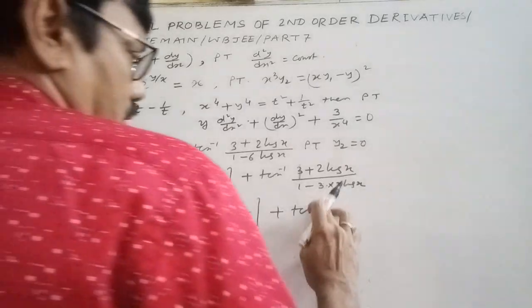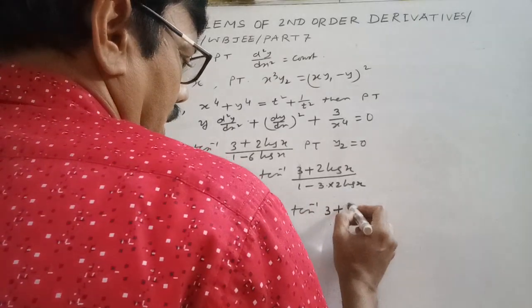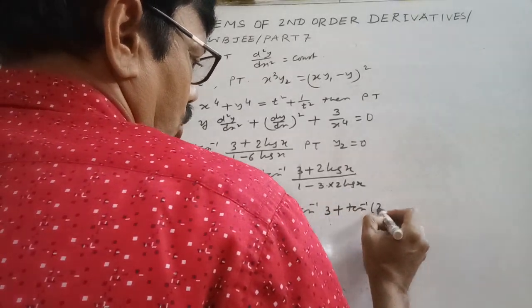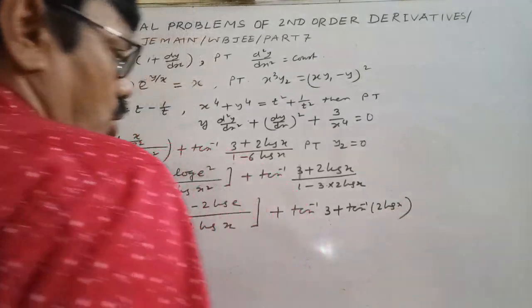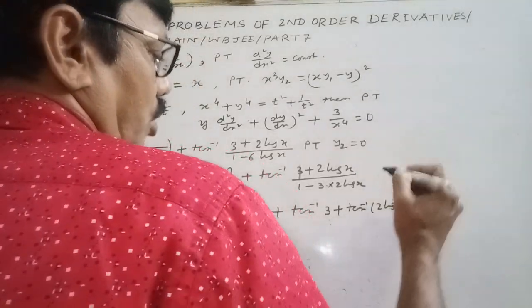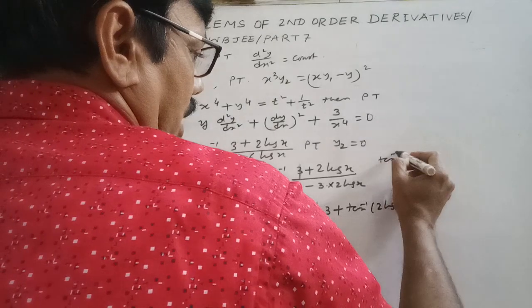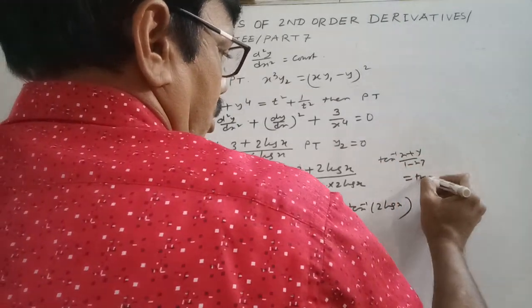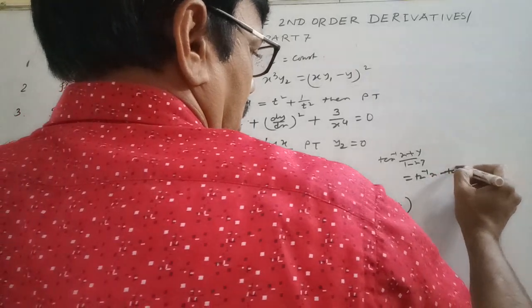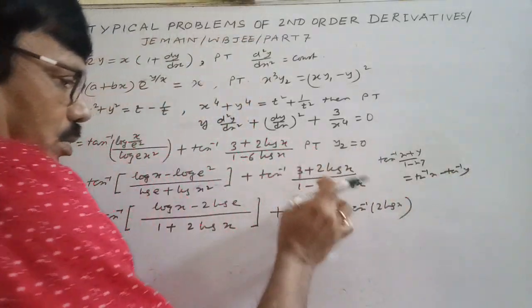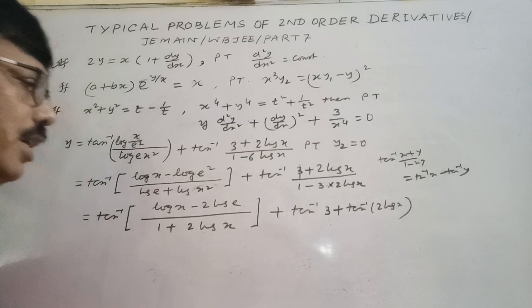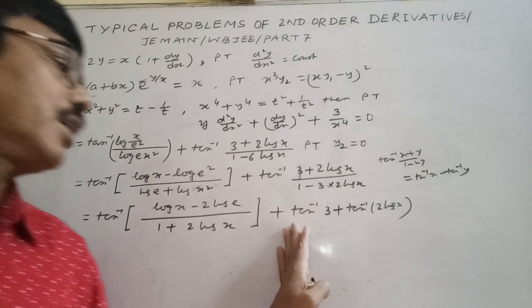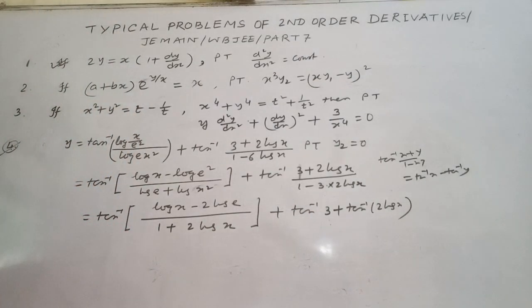This is a well known formula: tan inverse 3 plus tan inverse 2 log x. It is tan inverse of (x plus y) by (1 minus xy) equals tan inverse x plus tan inverse y. So this is the compact formula. We can write it in terms of the expanded formula.